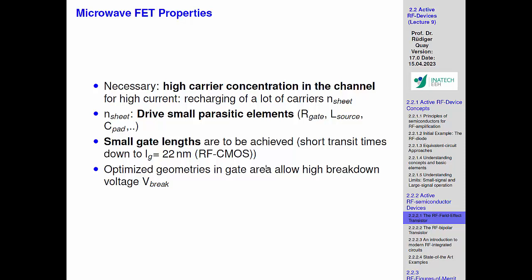Yeah? And what comes along with this high current drive is that you want low parasitic elements. And this is something the CMOS community, the digital people, do extremely nicely because they want to switch fast. So they have these very nice connection structures which are very low in their capacitive behavior and also in their inductive behavior.